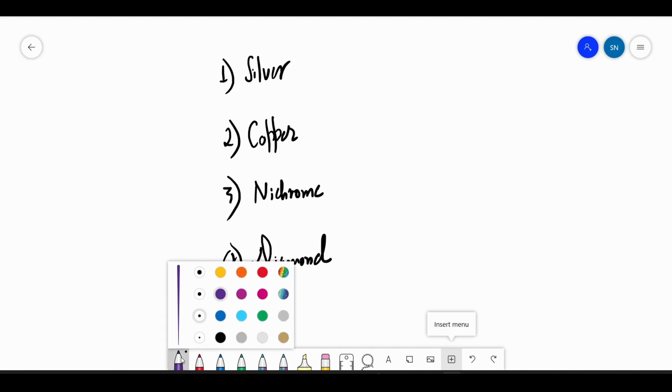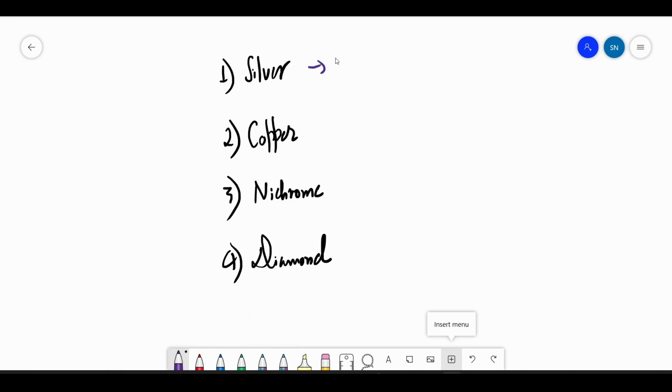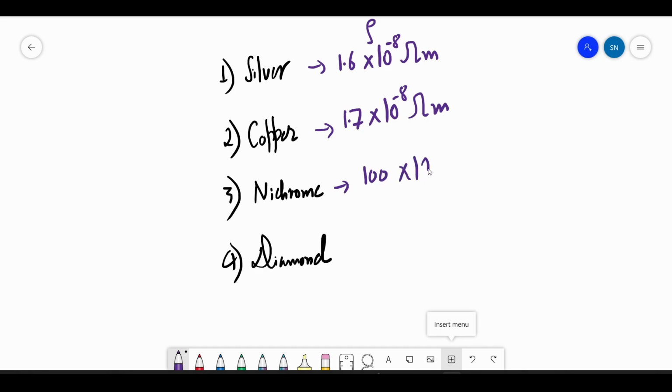Silver has a resistivity of 1.6 into 10 raised power minus 8 ohm meter. Copper has a resistivity of 1.7 into 10 raised power minus 8 ohm meter. Nichrome has a resistivity of 100 into 10 raised power minus 8 ohm meter, which is simply equivalent to 10 raised power minus 6 ohm meter, right?